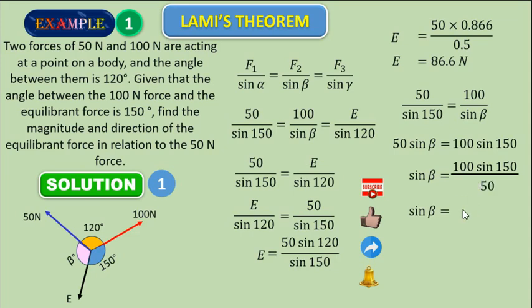Then we make direct substitution: 100 times sine 150, which is 0.5, divided by 50, and that gives sine beta equal to 1.000. Then arc sine gives beta equal to 90 degrees. That means the angle beta is equal to 90 degrees.